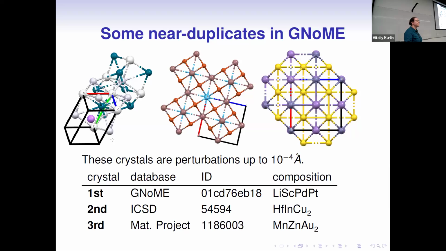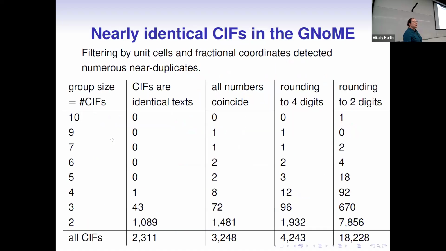Any questions here? So that's just to demonstrate the difficulty in comparing crystallographic structures, and that an exact, good quality definition and good quality methods of comparison are absolutely essential. Even we, with our human brains and eyes, can sometimes not detect it. But the story of GNoME is even more interesting, because we didn't even need more complicated algorithms or methods of comparison.